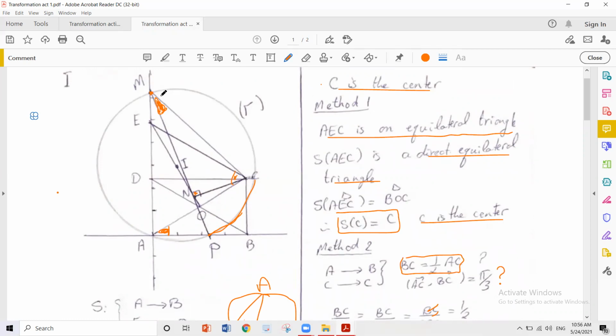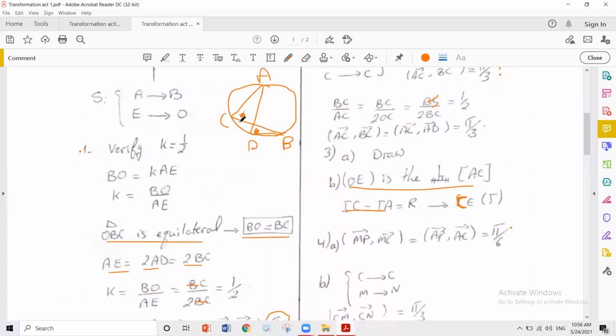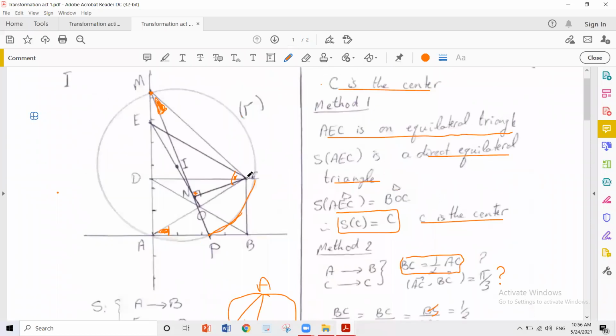How to prove CN equals half CM? You know that in a semi-equilateral triangle, CN equals half CM.